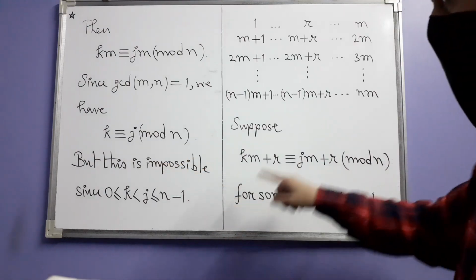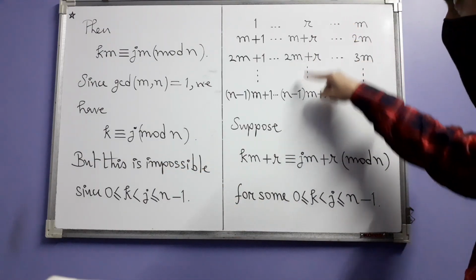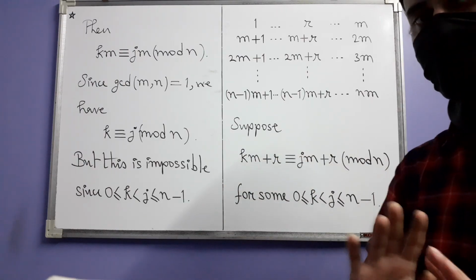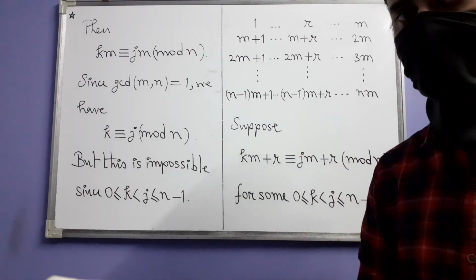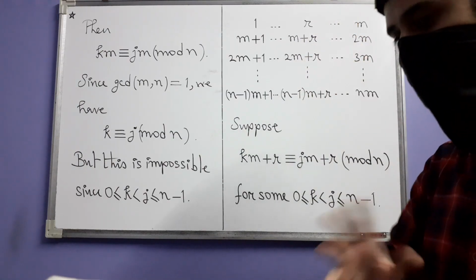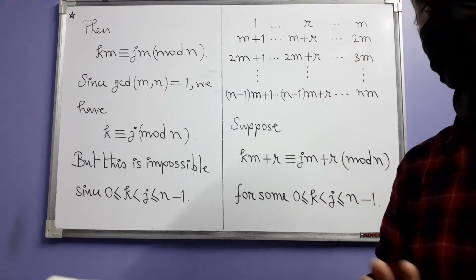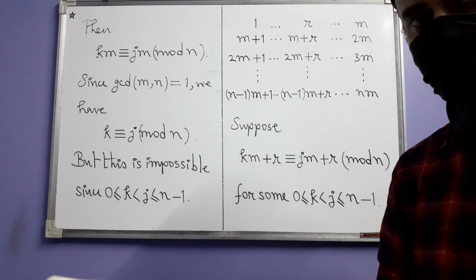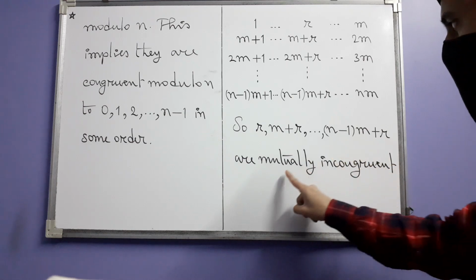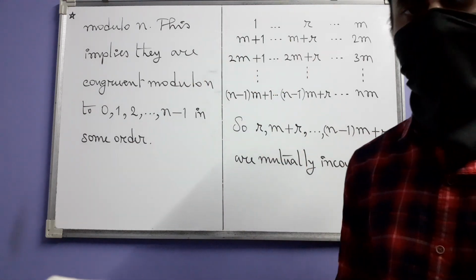So in that list, meaning among these integers, if you choose two distinct integers, they are not congruent to each other modulo n. So all these integers are mutually incongruent modulo n.